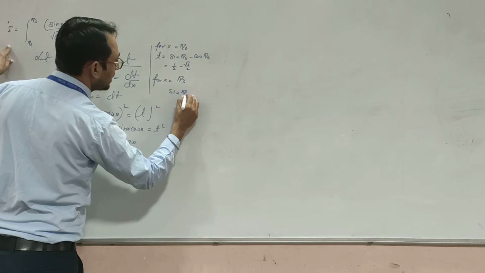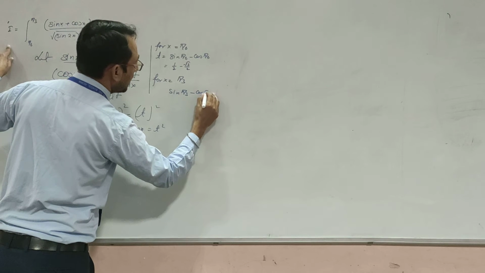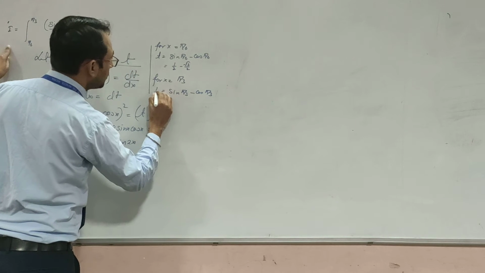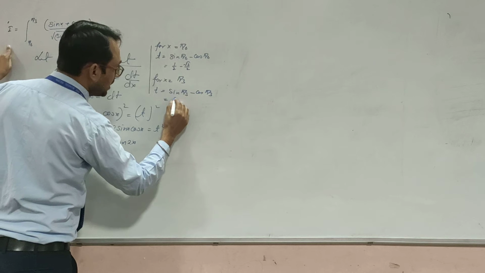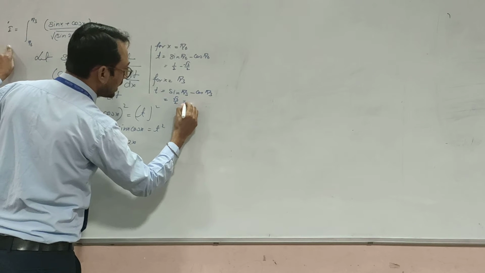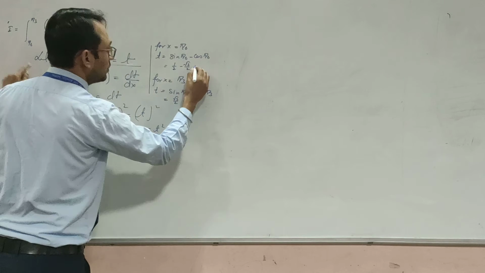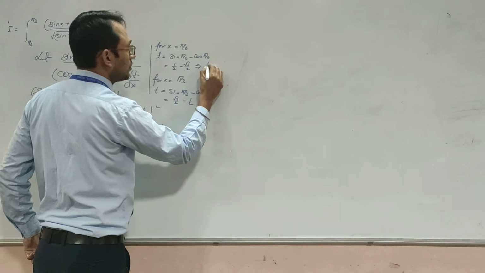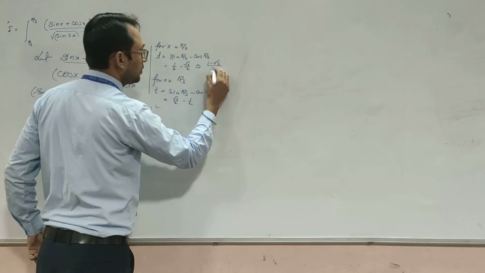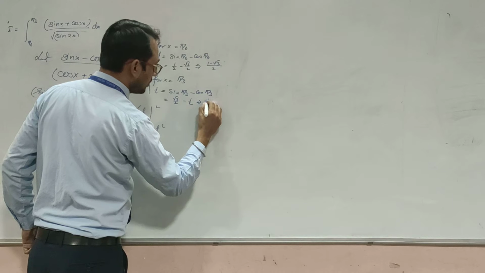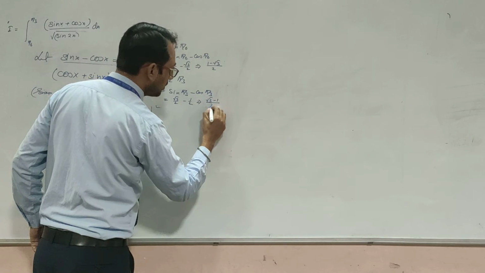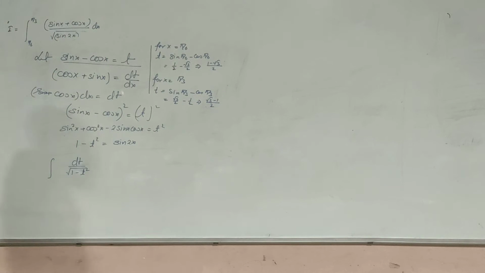In this case it will be sin pi by 3 minus cos pi by 3 equals t. Pi by 3 means root 3 by 2 minus 1 by 2. One more step I am doing, root 3 minus 1 upon 2. Nothing else we are going to do, directly we are putting this limit.